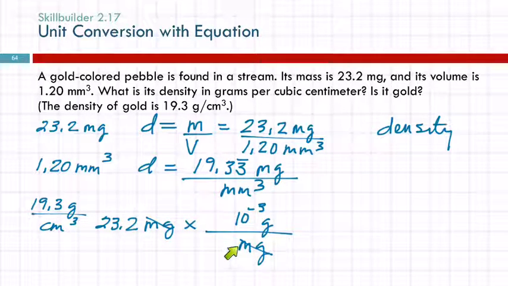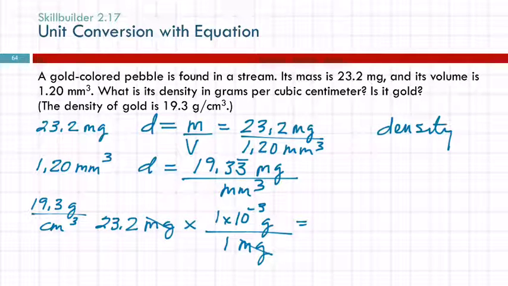Milli is a nickname, if you will, an abbreviation for 10 to the minus 3. Don't use them together. So this is 1 times 10 to the minus 3, and that's 1. So then on my calculator, I've got 23.2 times 1 EE minus 3.